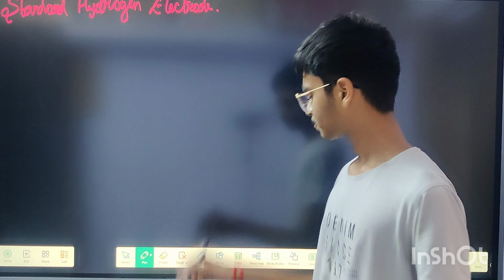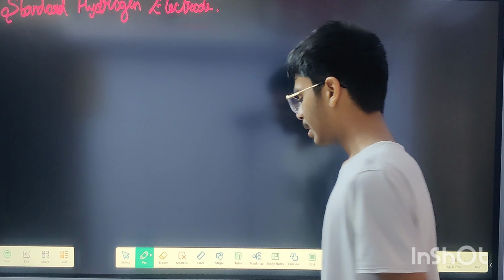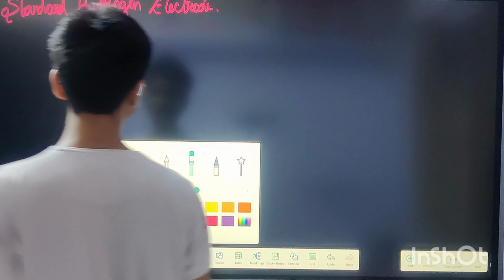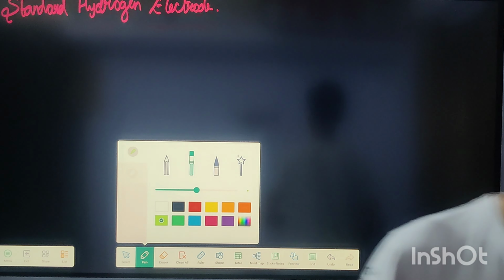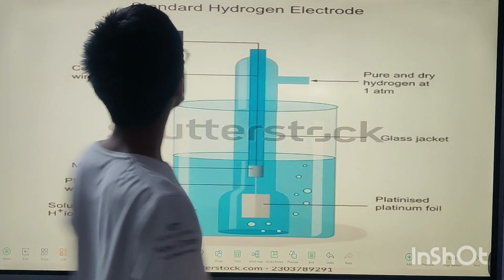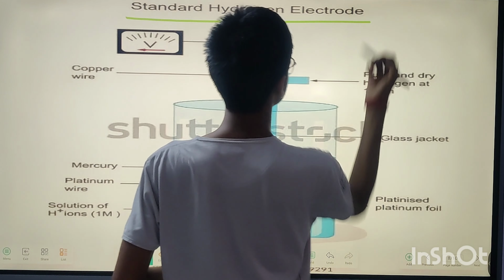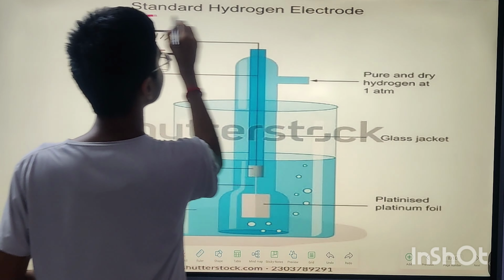So, what is this standard hydrogen electrode? See, we have to first get the image. Standard hydrogen electrode.